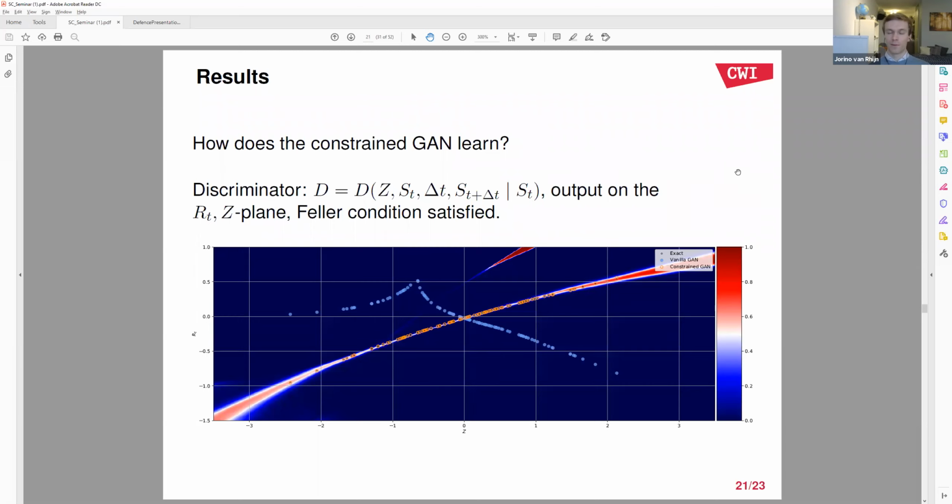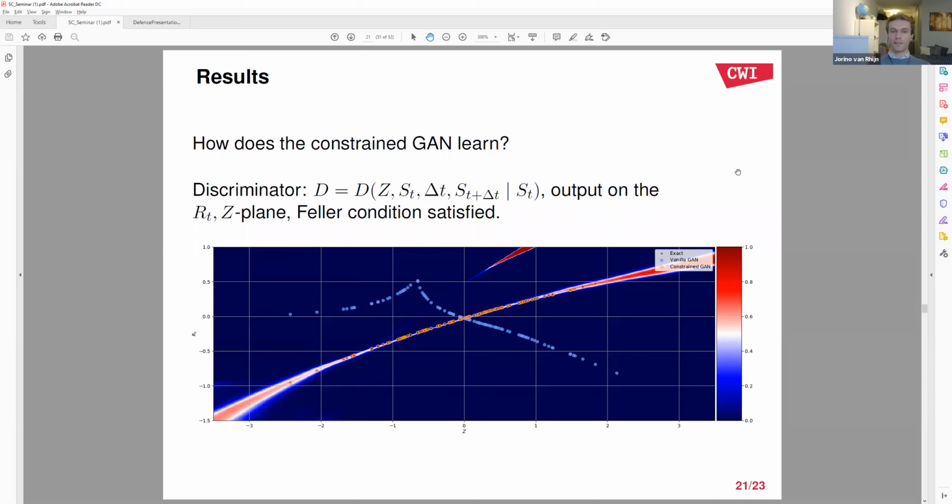And I've also superimposed the mapping from one of the vanilla GAN outputs, which are the blue dots. And there you see that this discriminator would have classified almost all of them as being fake, so as not coming from the real data set. So this incentivizes the generator network through its gradient to put its samples closer to where the discriminator does not know whether it came from the real or fake data set.